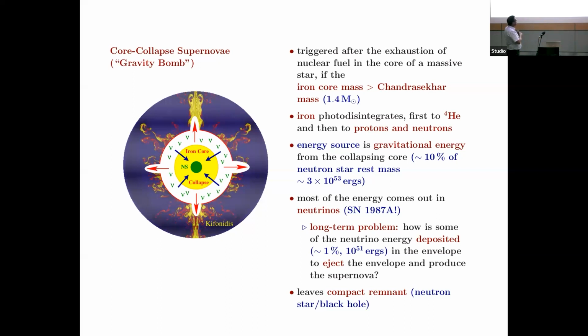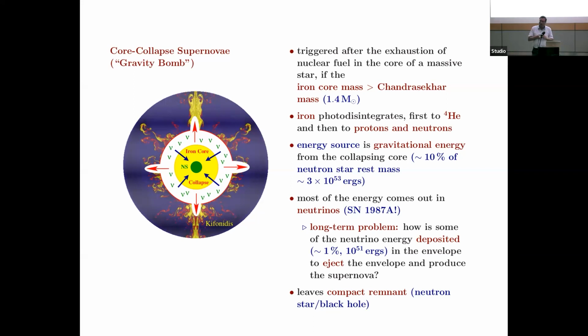So at that stage, you have a proto-neutron star, and the neutron star, observationally, has a typical mass of 1.5 times the mass of the sun, but a radius of only about 10 kilometers. So it's like taking the sun and compressing it into a volume the size of Stuttgart or so.